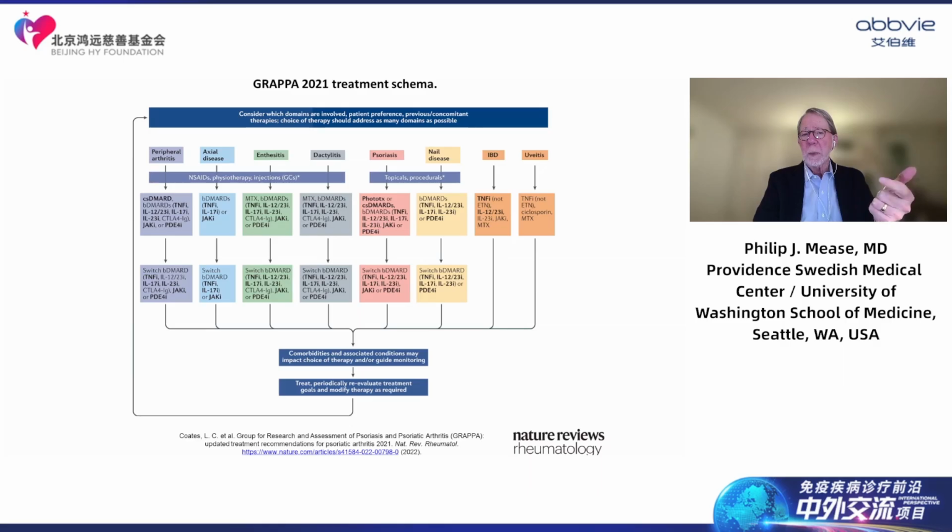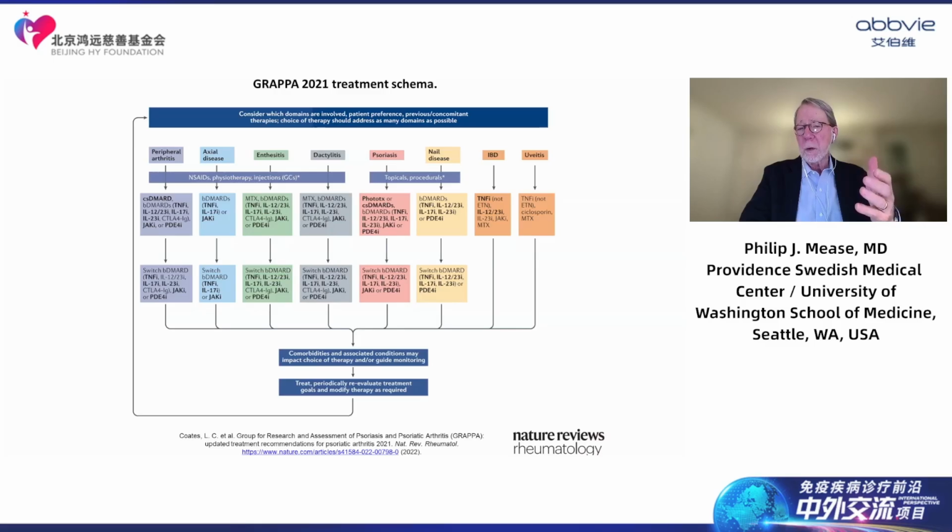Peripheral arthritis, spine disease, enthesitis, dactylitis, skin disease, nail disease, IBD, uveitis. And what you see is that most of the treatments that are approved for psoriatic arthritis are effective. The exception is axial disease, where we have fewer choices that we are sure will be effective.